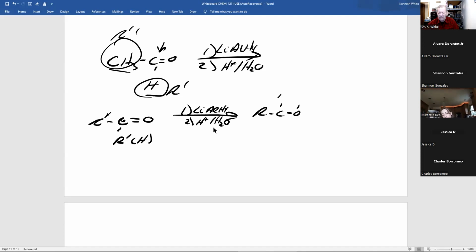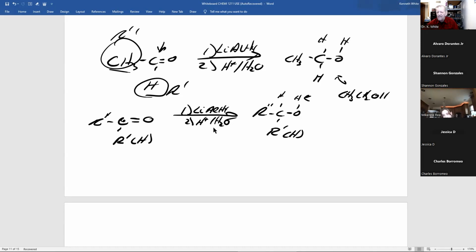You break the pi bond of a carbonyl, and each atom of the carbonyl gets a hydrogen. Well, carbon, H, methyl, R prime, and R double prime are still there. And I can rewrite this. And you make an alcohol.